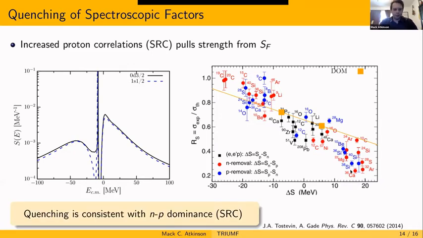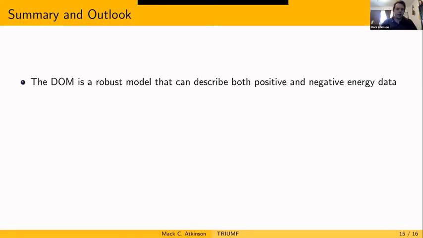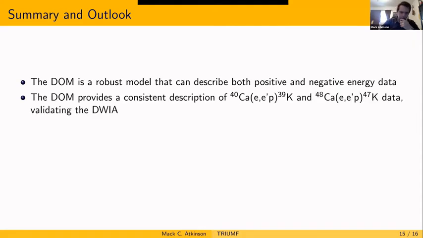Okay, so it seems that the NP dominance picture of short range correlations is definitely a significant piece of the puzzle for what's going on with the quenching of these factors. So with that, I want to summarize that the DOM can describe scattering and bound state observables with the same model and same interaction potential.